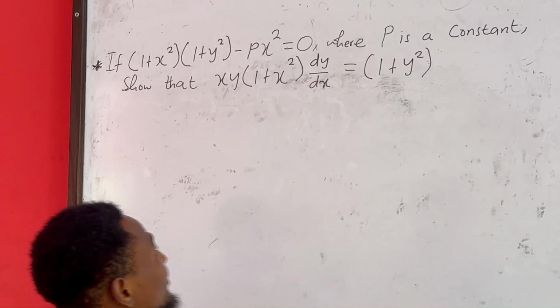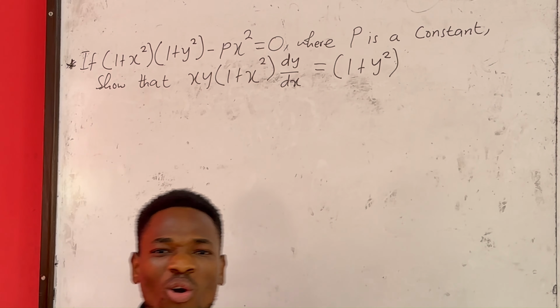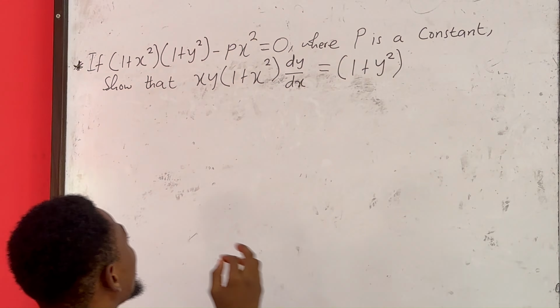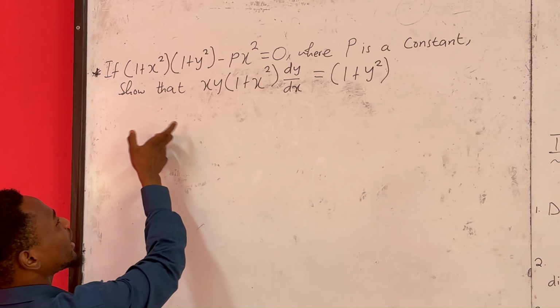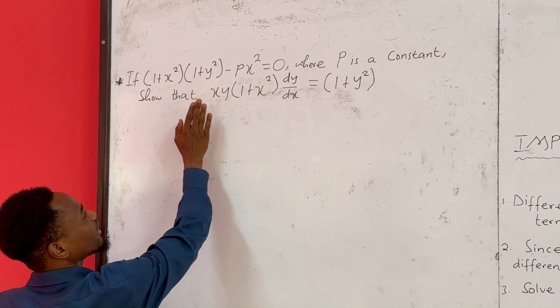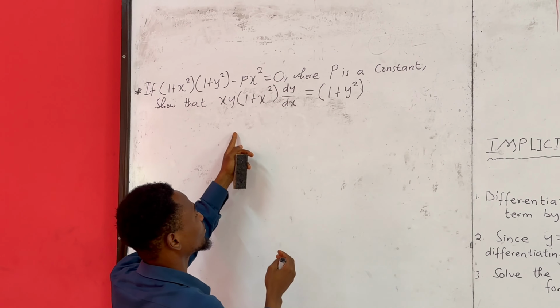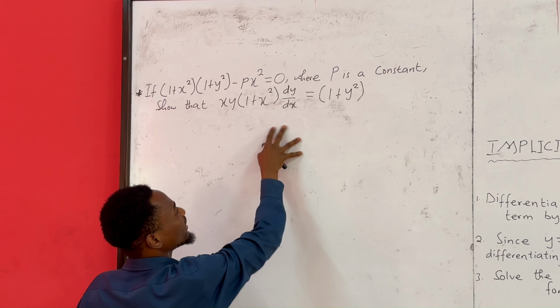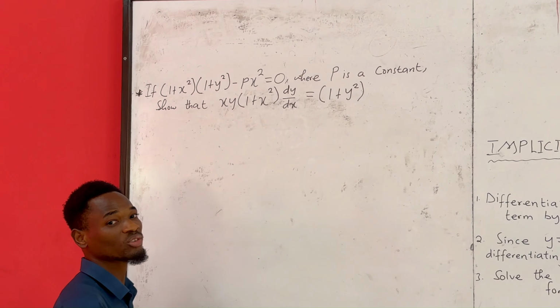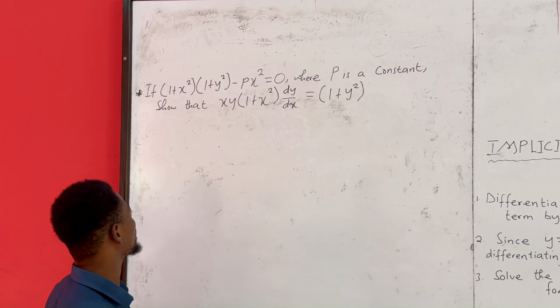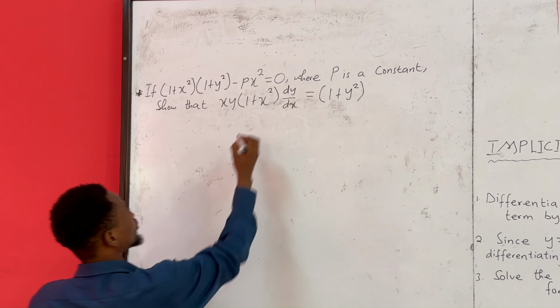So I have questions of this nature. How are you going to solve in order to obey the fact that xy multiplying this should be equal to this? The left hand side should be equal to the right hand side in this case. Alright. So let's see how we can solve for this. So solution.